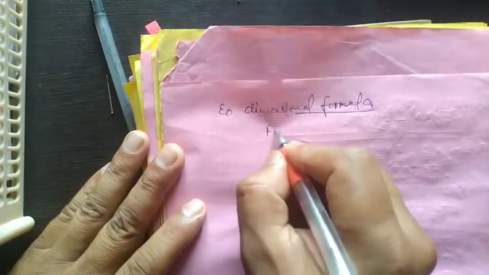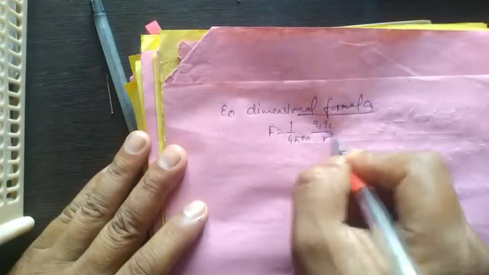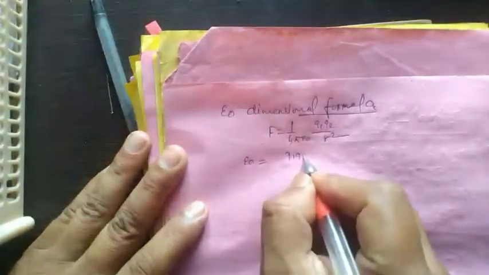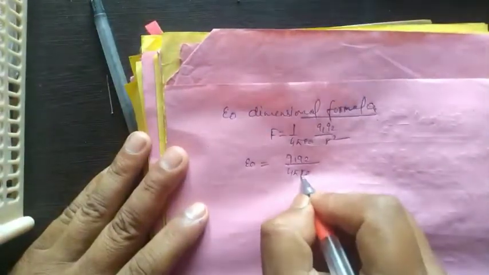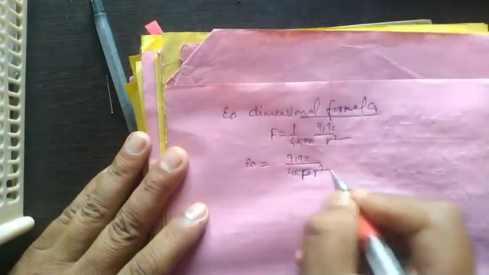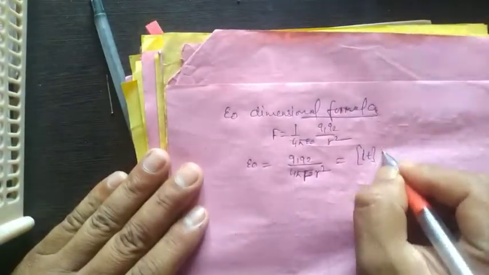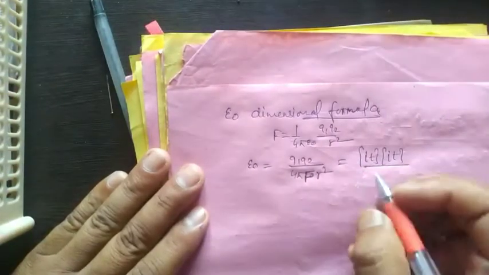As we know, 1 upon 4 pi epsilon naught q1 q2 upon r square. So epsilon naught equals q1 q2 upon 4 pi F r square. 4 pi has no dimensional formula.